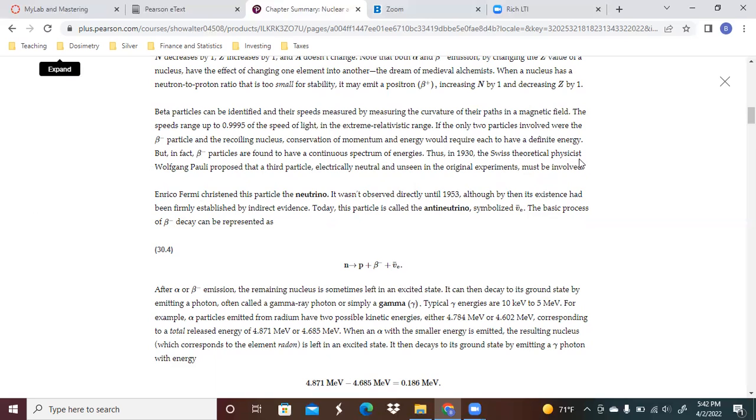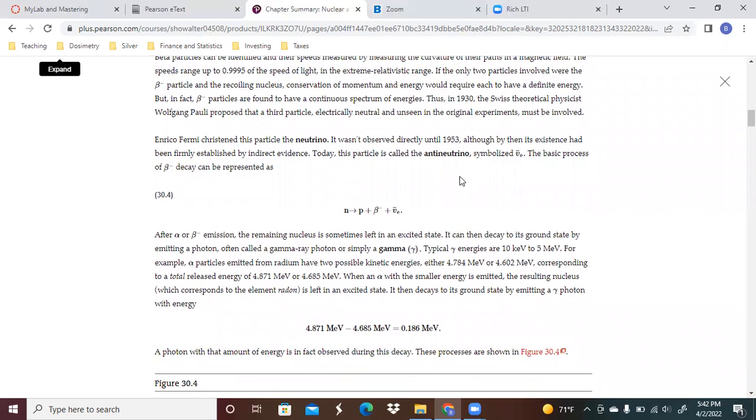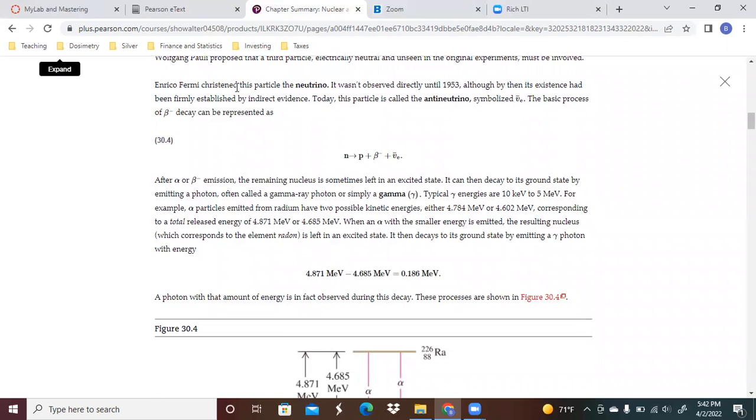So in 1930, Wolfgang Pauli proposed that a third particle, electrically neutral and unseen, must be involved. Enrico Fermi christened this particle the neutrino. They didn't observe it until 1953, although by then its existence had been firmly established by indirect evidence. Today, this particle is called the antineutrino. The basic process is written here, as we saw in the summary.